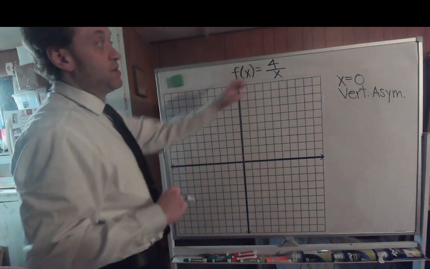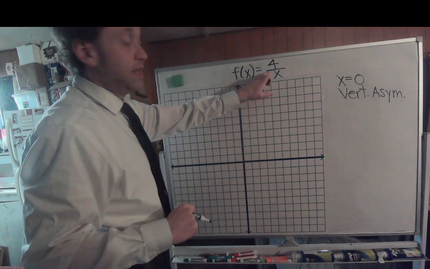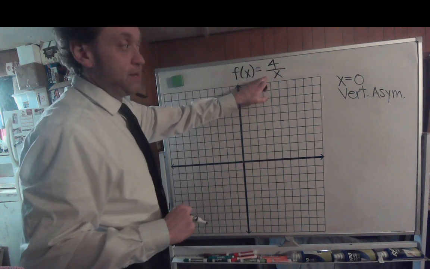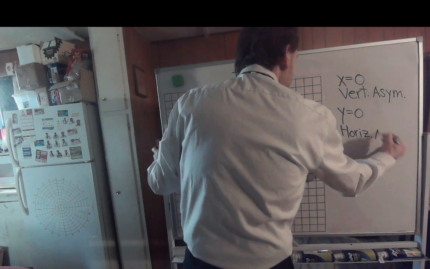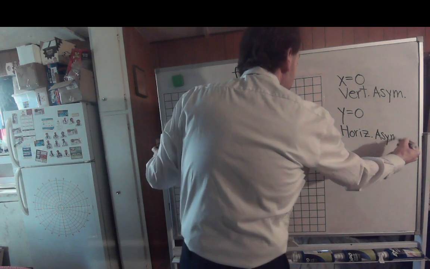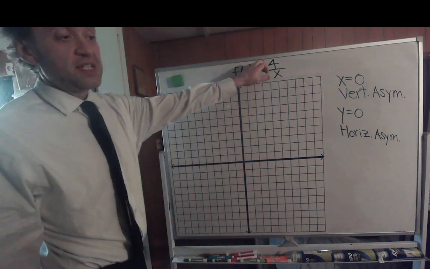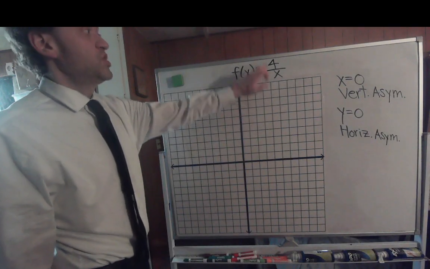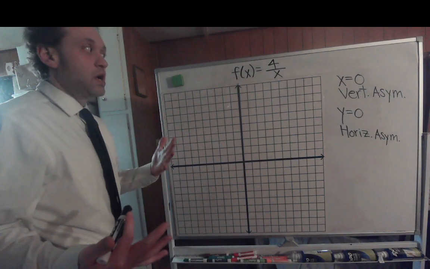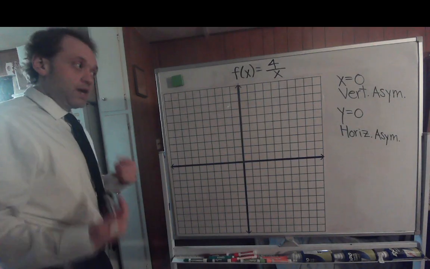Now, your horizontal asymptote, since you have a constant in the numerator and a linear x expression in the denominator, you have a default horizontal asymptote of y equals 0. So that hasn't changed, but you have the constant of positive 4. This is a stretching factor of 4.